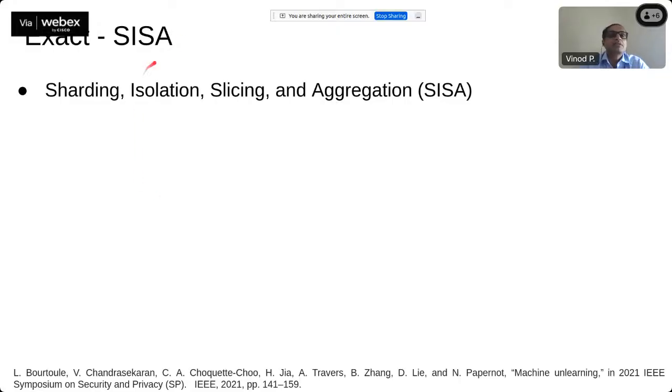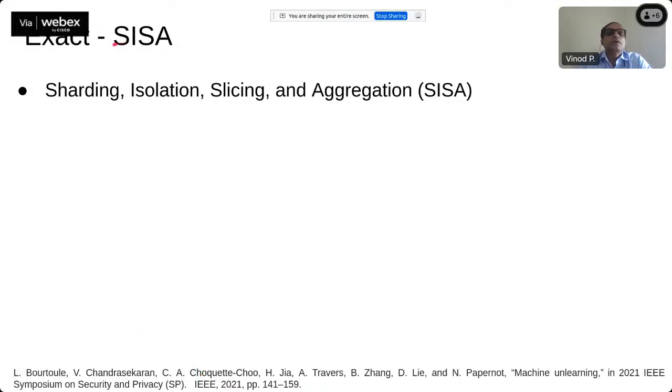One of the techniques is called SISA, which comes from a very famous group on security of AI or machine learning security, from Nicolas Papernot. This is one of the very good papers to read because it comes from a top security conference, the IEEE Symposium on Security and Privacy, which is ranked A star in the computer security domain.